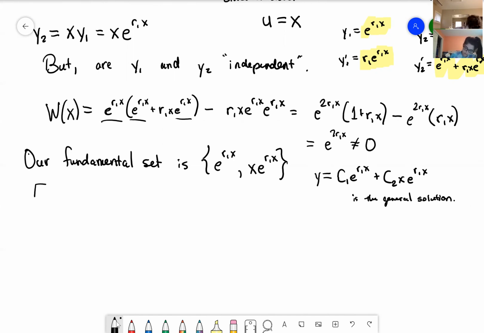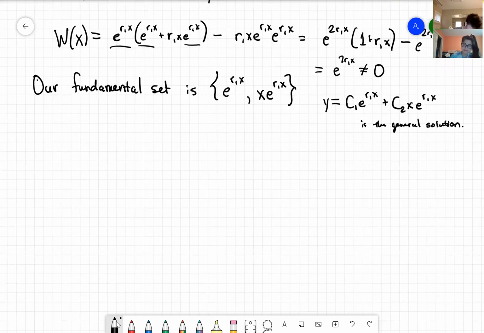And so we can solve for C1, C2, just like before. Oh, I have to hurry. Okay, let's skip that. You know the general steps at that point.